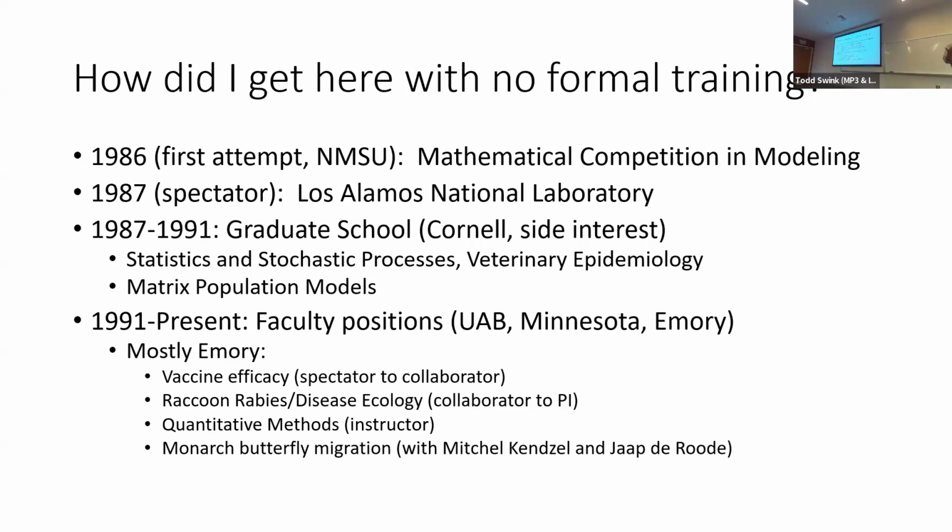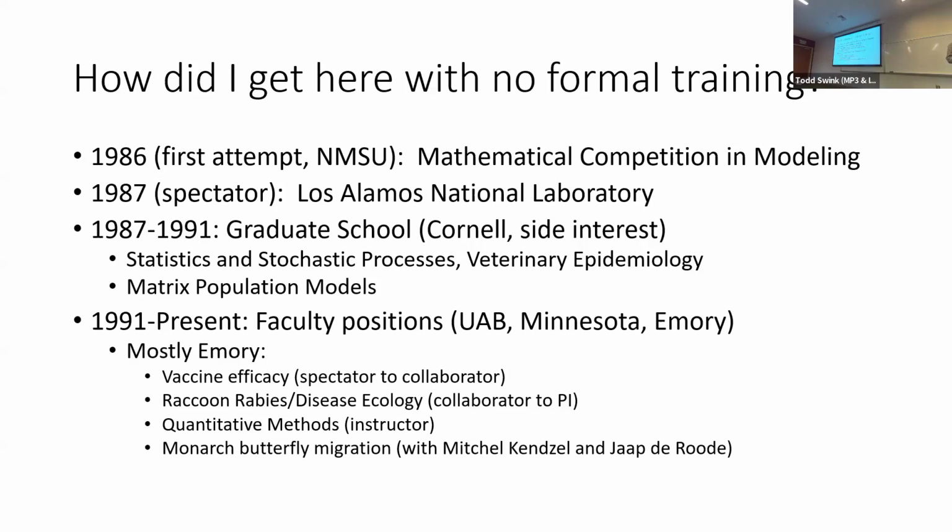All my faculty positions have been in departments of biostatistics. So I've been more of a traditional statistician in public health, doing clinical trials and epi studies and environmental health mostly. The modeling intersects with that in vaccine efficacy. I was interested from the side, but when I moved to Emory, we started getting involved in those projects.